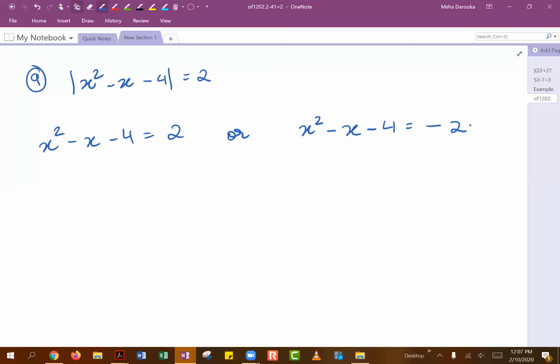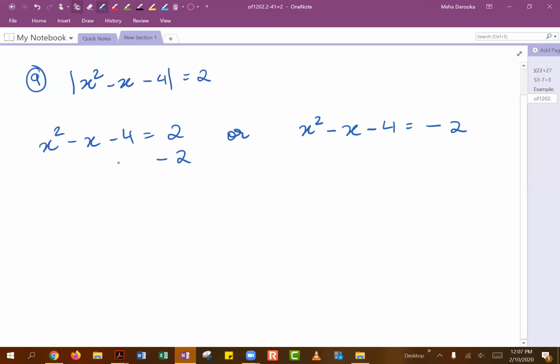That's really the only difference. Since these are given to us in absolute value symbols, and we know absolute value can be a distance from 0, either on the positive side or the negative side, that's why we set it up once with positive 2, once with negative 2.